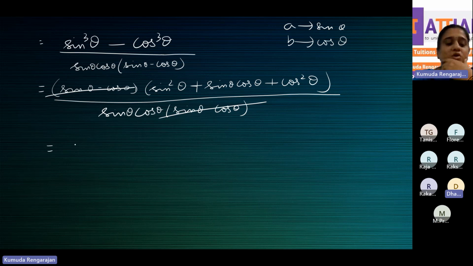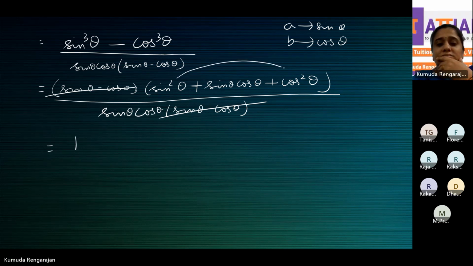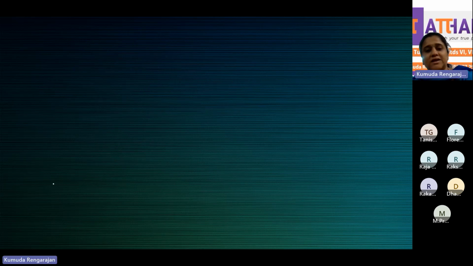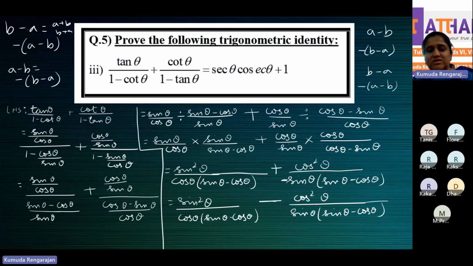So the numerator is now 1 plus sin theta cos theta, divided by sin theta cos theta. Now look at the RHS. We need to get two terms, secant theta cosecant theta, and 1.